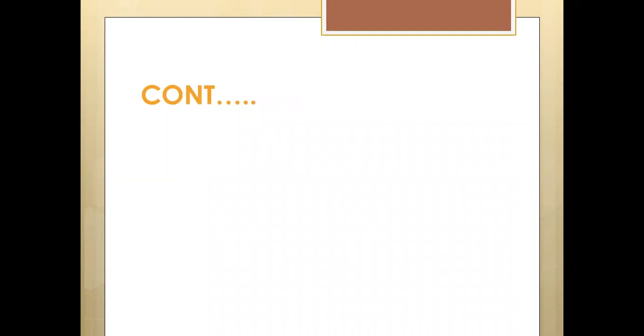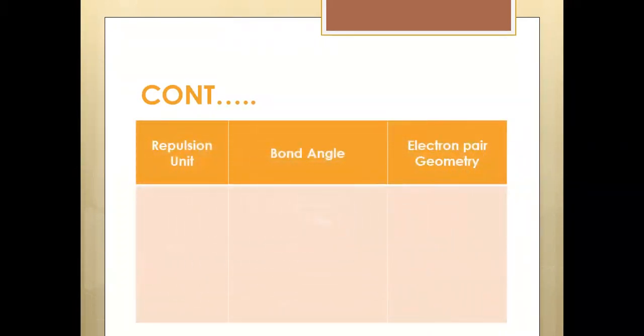So we have studied repulsion unit 3. Now we are going to step up. So what should be the bond angle? Again we will go. Yes. So when it speaks about the bond angle, right?